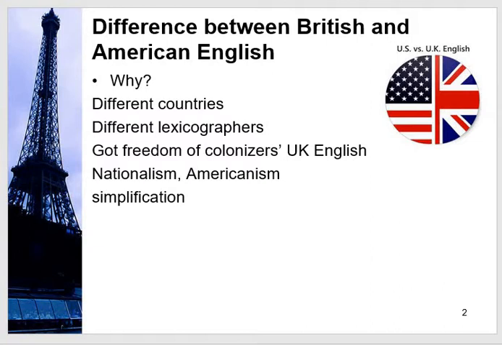Another feature for bringing this change is simplification: spelling simplification and language simplification efforts have been made in American English. Noah Webster, Dr. Franklin, and some other linguists tried to simplify the language.